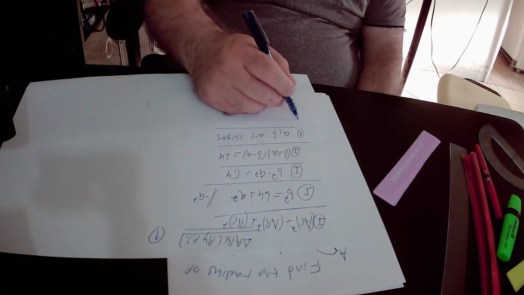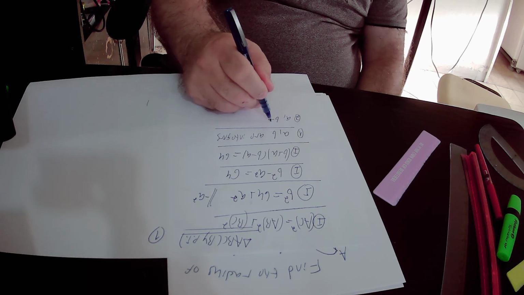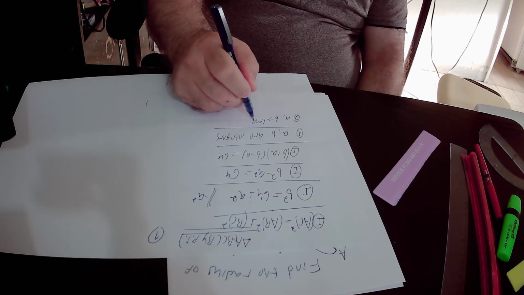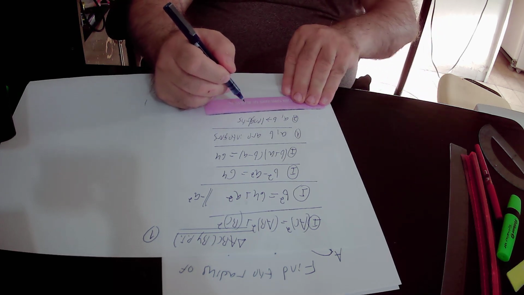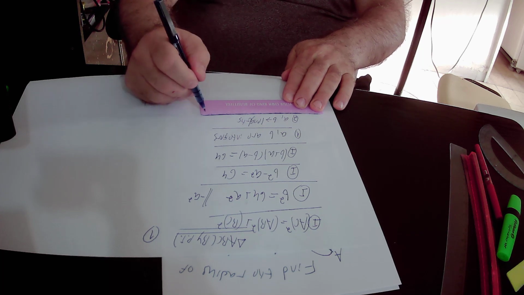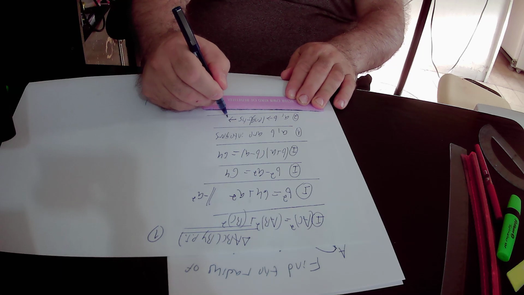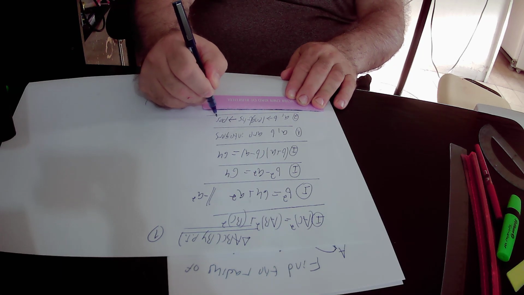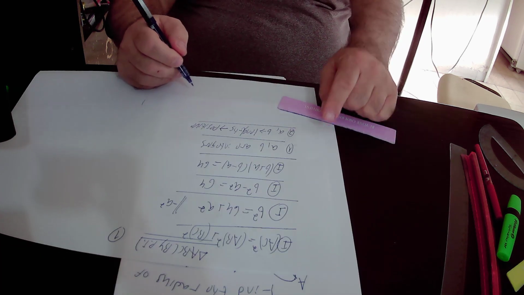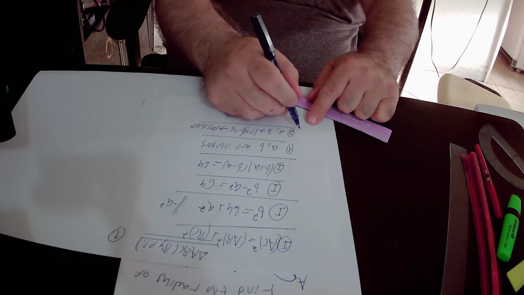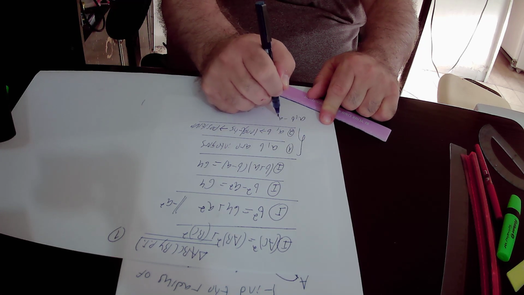Therefore, A and B are lengths. As lengths, they must be positive numbers, so they are positive. So from 1 and 2, we derive that A and B are positive integers.